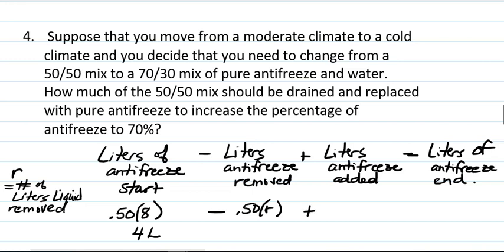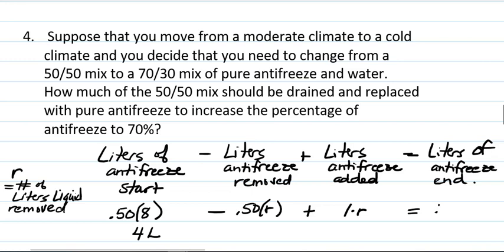And then we're going to add back in that liquid. And when we add it back in, it's 100% pure antifreeze. So 100% of R, or 1 times R. You don't have to write that, but just to emphasize that it's 100% of it that's pure antifreeze being added back in. And then in the end, we want to have a 70% mixture, 70-30.